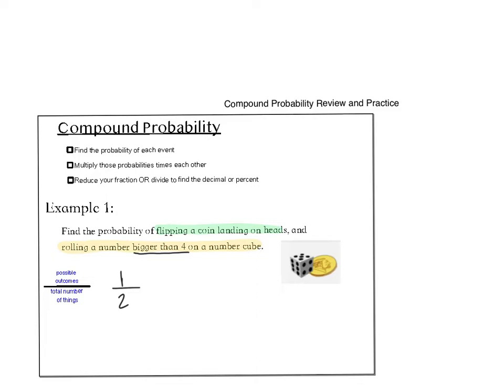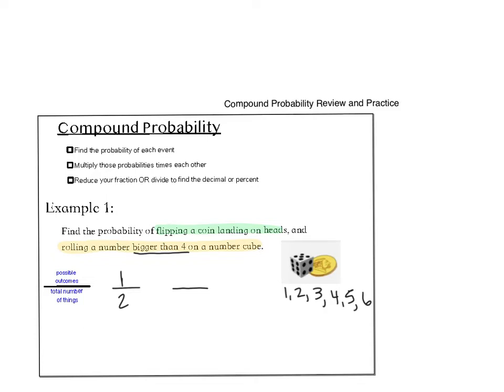All right, and then we're going to find our probability of our yellow event, the one about the number cube. So rolling a number bigger than 4 on a number cube. Well, for the total possible outcomes, remember a number cube has 6 total sides. 1, 2, 3, 4, 5, and 6.